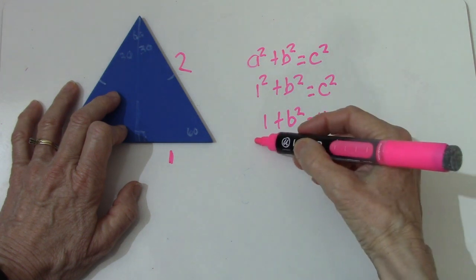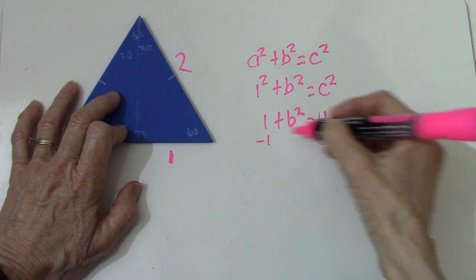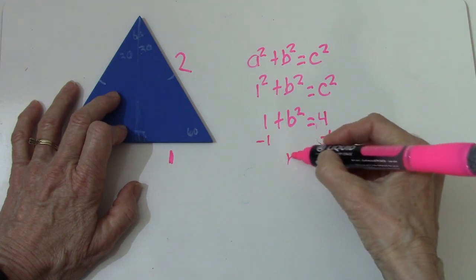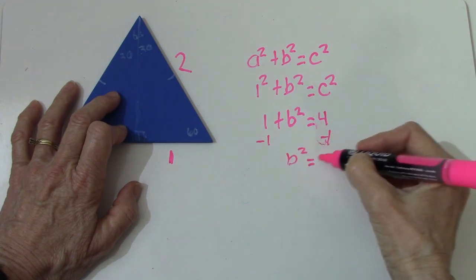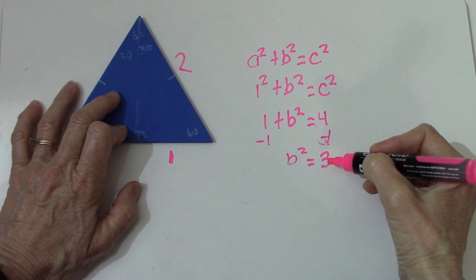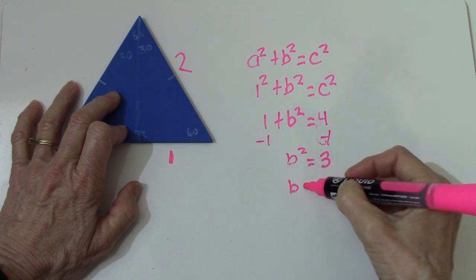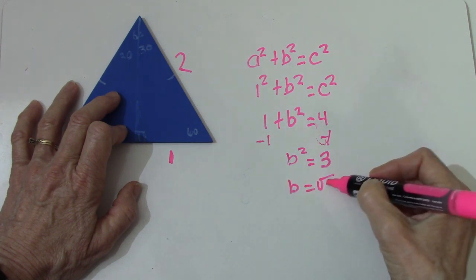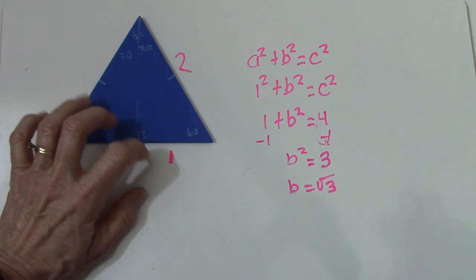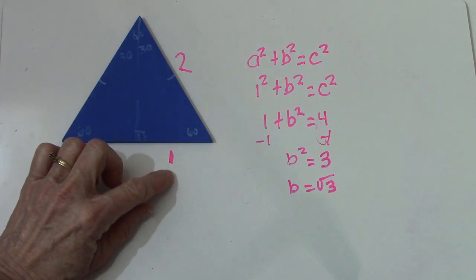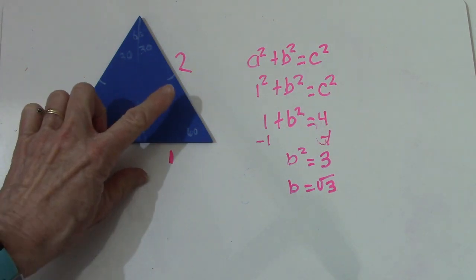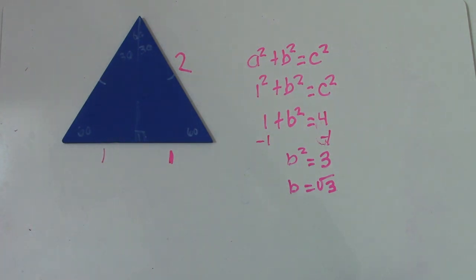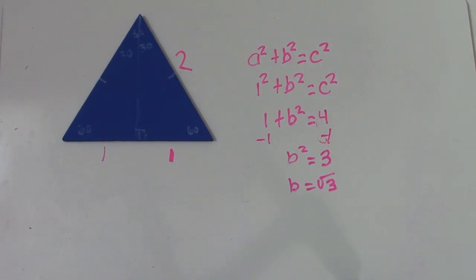Then when I solve for b, I subtract 1 from both sides, and I get that b squared equals 3. So b equals the square root of 3. So my sides would be 1, square root of 3, and 2. That's my relationship. And I use the Pythagorean theorem to see that.